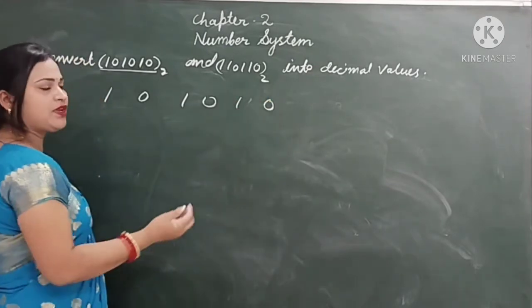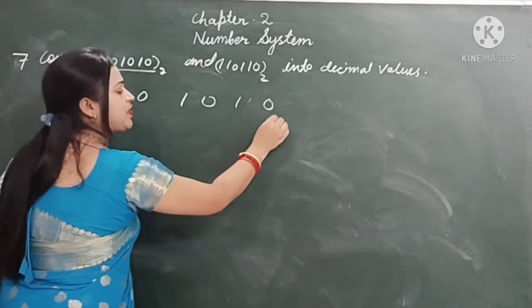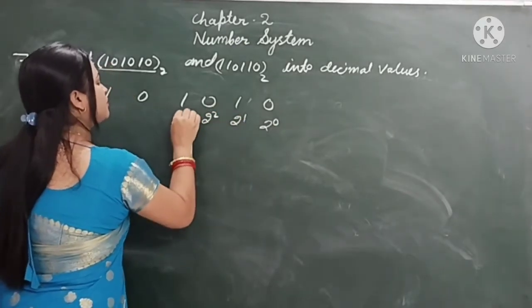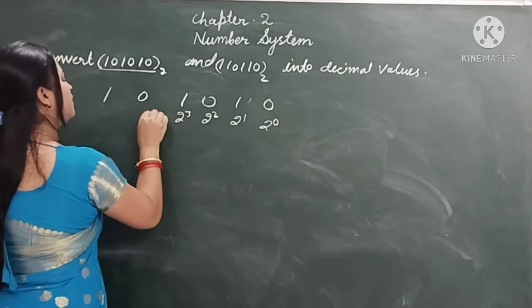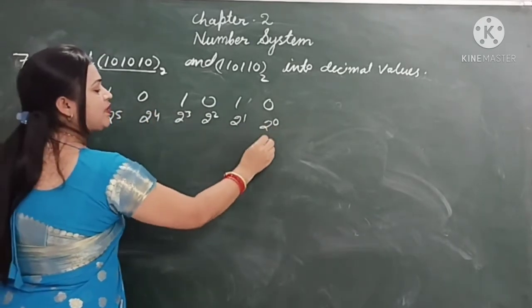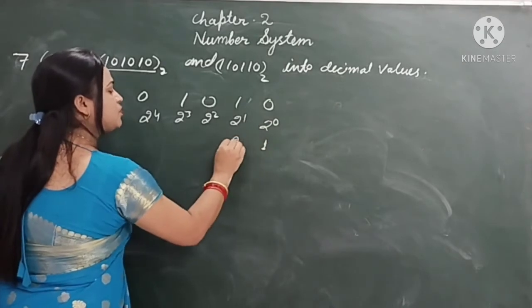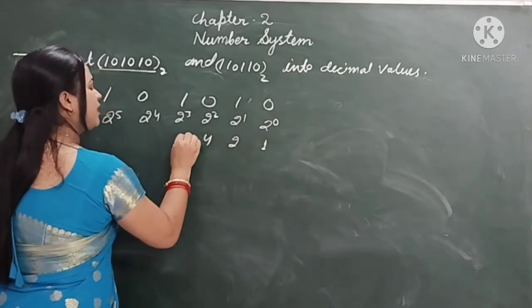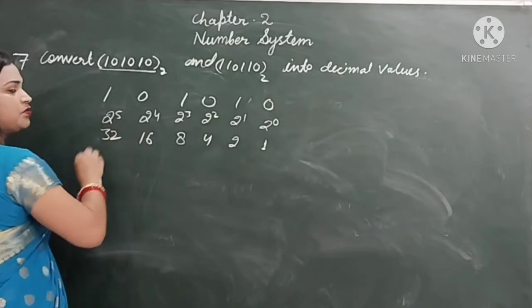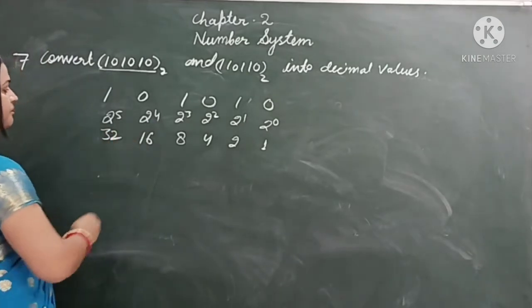Then we write the place values: 2 raised to power 0, 1, 2, 3, 4 and 2 raised to power 5. This is equal to 1, 2, 4, 8, 16 and this is 32. You know how to do.